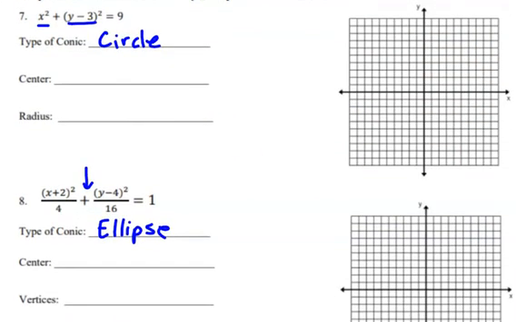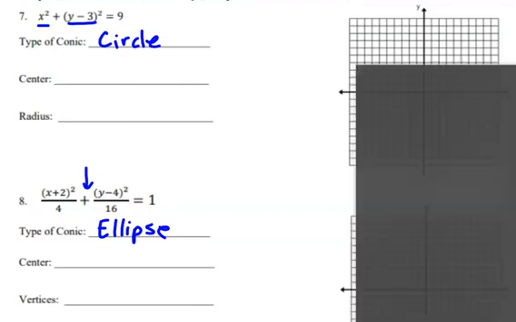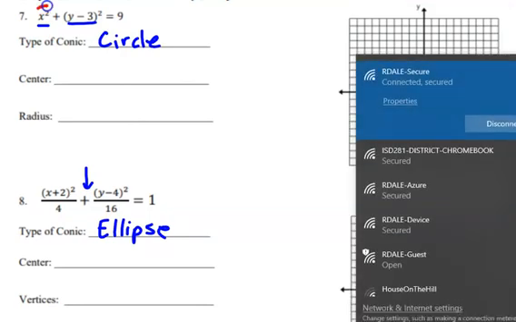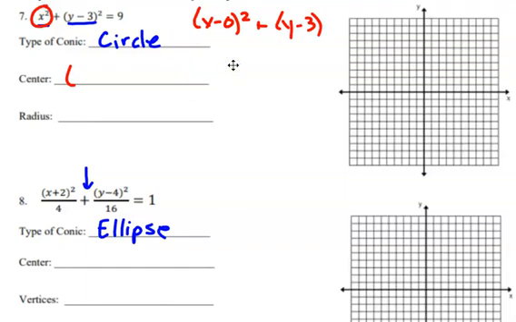So we'll start with the circle. The center of the circle in standard form is just the opposite of the x's. So this is the same as if it were x minus 0 squared plus y minus 3 squared equals 9. All right, so opposite of the x's is x minus 0.